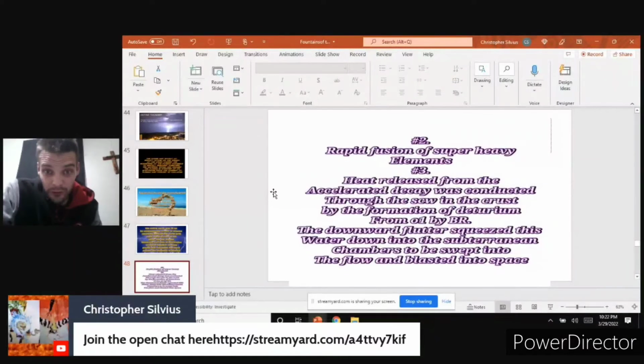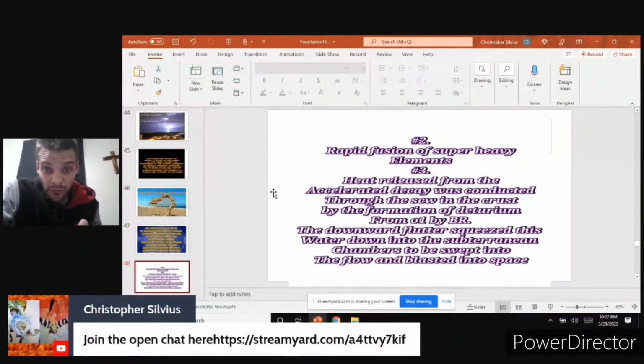Now the heat that is released from the accelerated decay, because when these elements fuse together, they're going to rapidly fall apart, that will actually release a lot of heat. But when this element rapidly decays, there's a decay chain that follows, and so a fusion of the lighter but still heavy element uranium will happen, and that will actually absorb the heat that is being produced by the rapid decay of the super heavy element.